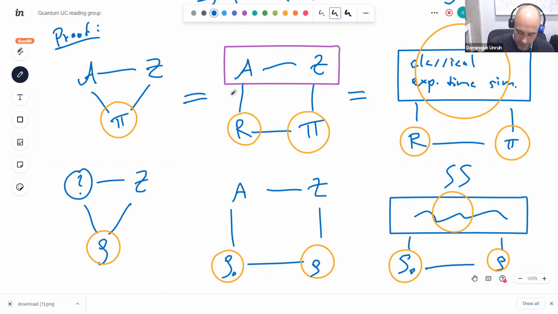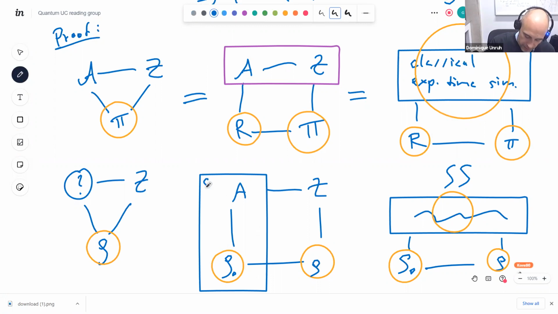And the final step is to say these two machines together here we just define to be our simulator that we want in the end.